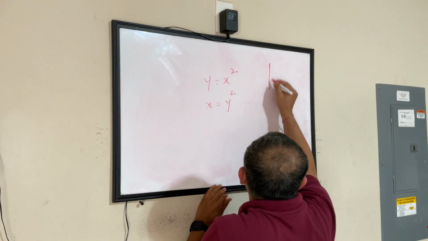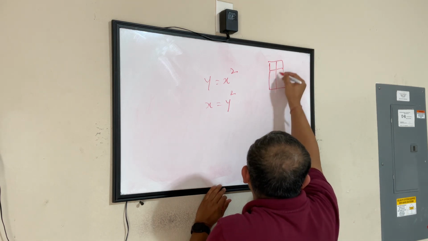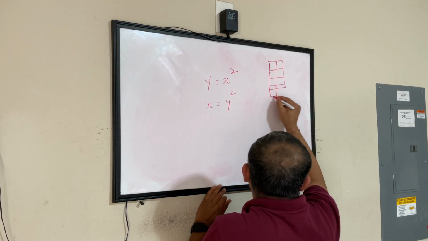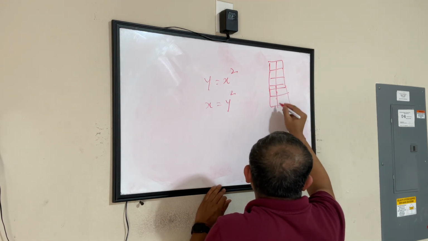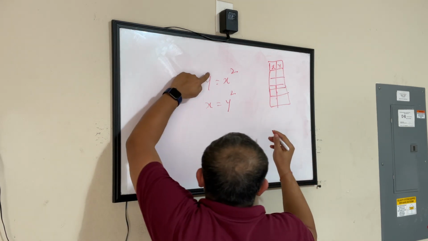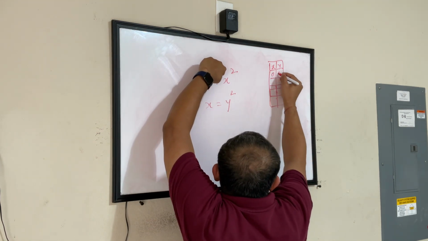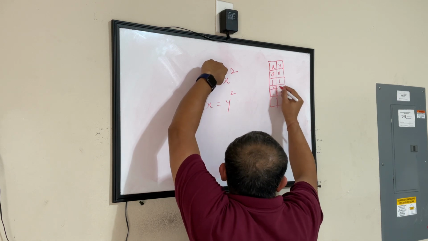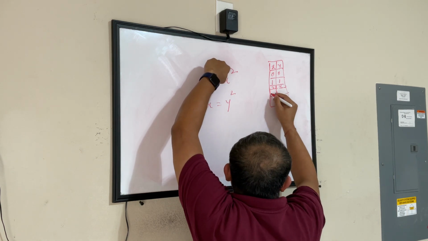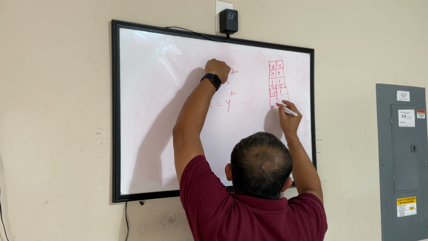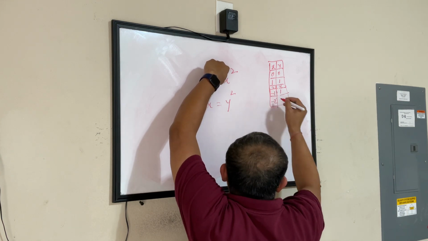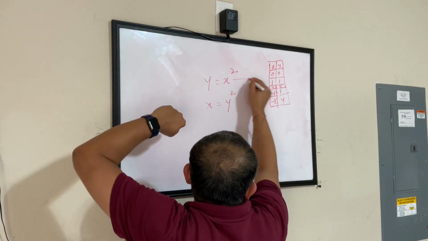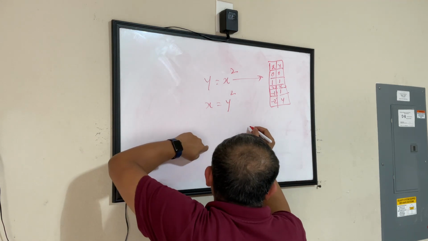So here, let's go to this one. I will probably pick 4 or 5 points. See how x and y change. When x is 0, y is 0. When x is 1, y is 1. When x is 2, 2 squared is 4. When x is minus 1, it is 1. When x is minus 2, it is again 4. So this is for this guy. Let's look at this guy. What happens?